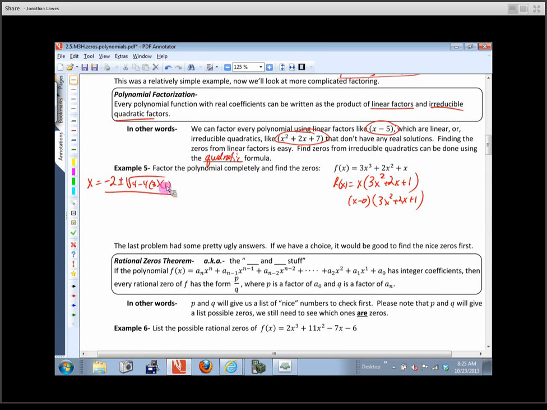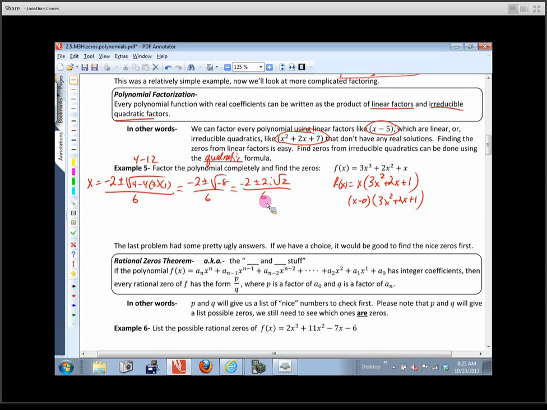That's a 3 and a 1, and this is all over 2 times a, so that's going to be 6. Any questions? Careful here, because this is going to be 4, minus 12, right? So what I've got here is negative 2 plus or minus the square root of negative 8 all over 6, which gives me negative 2 plus or minus 2i radical 2 over 6.